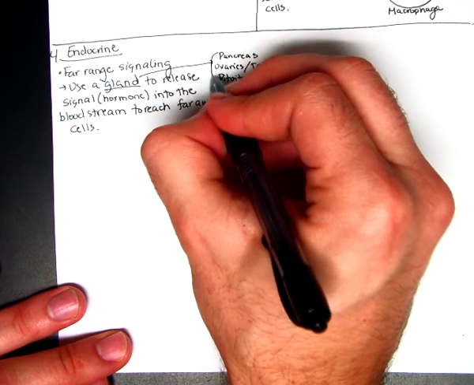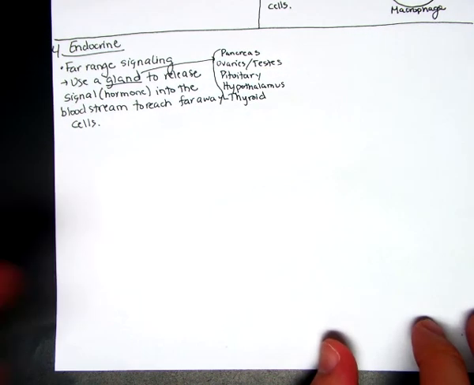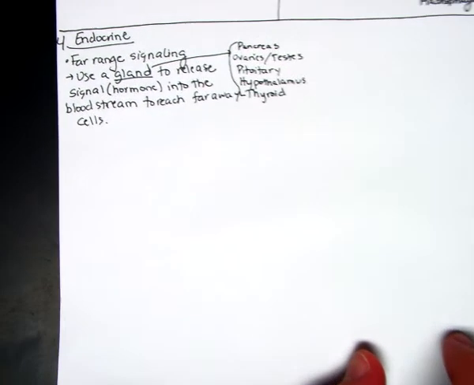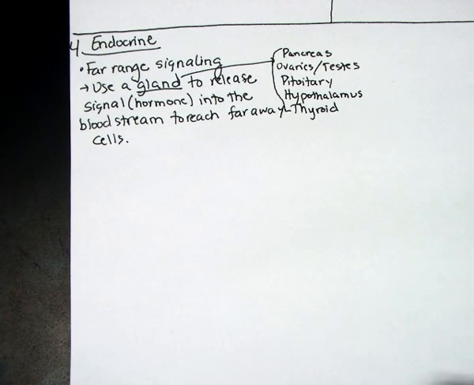Right, all of these are glands that release hormones into the blood, or release some kind of signaling into the blood. Okay, and we'll end with this.